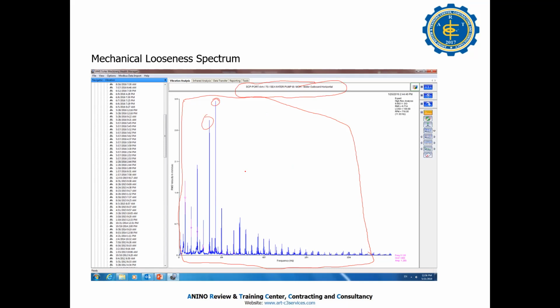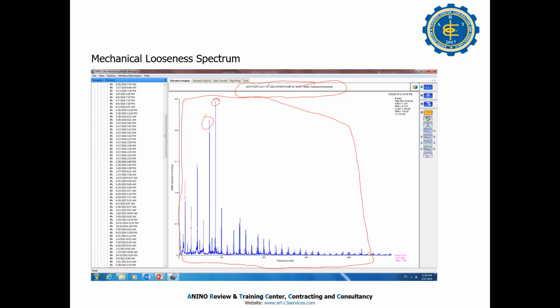I get confused with this every time. How to differentiate? Is this the harmonics for the rotating looseness, or is this the harmonics for the pump blade pass? Or is this harmonics of the bearing looseness? How do you differentiate?